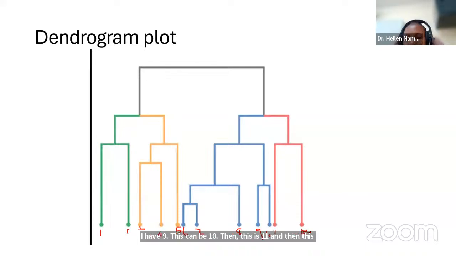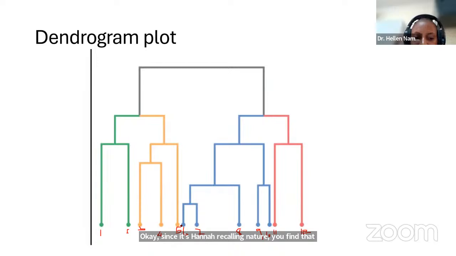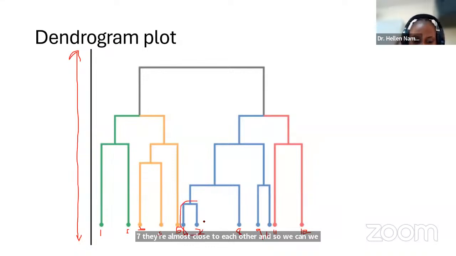Since it's hierarchical in nature, usually here we've got the height, and you see how it changes. In this particular case, cluster 6 and 7 are almost close to each other, and so we can collapse this into one cluster.